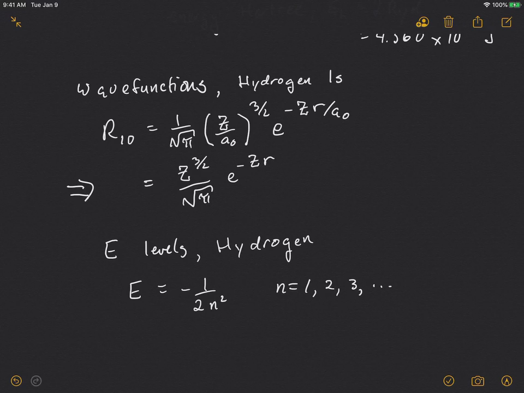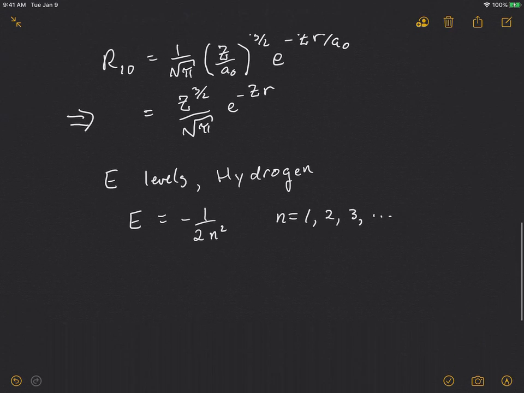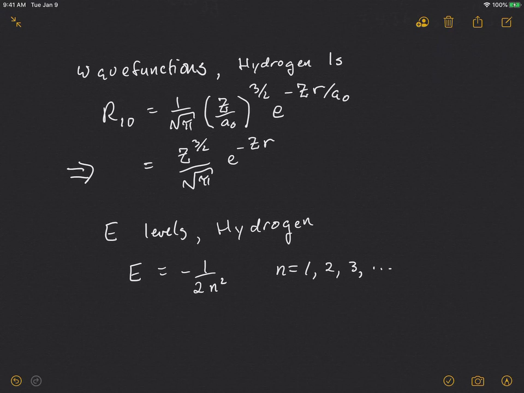Similarly, for the energy levels of the hydrogen atom, the expression would be minus 1 over 2 n squared, where n is our quantum number. And that pretty much does it. So we have these atomic units.